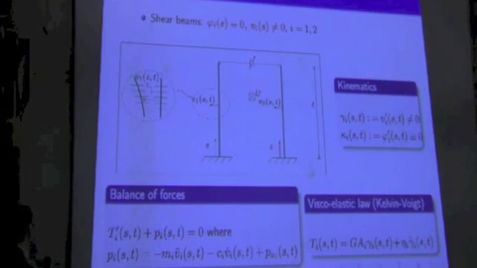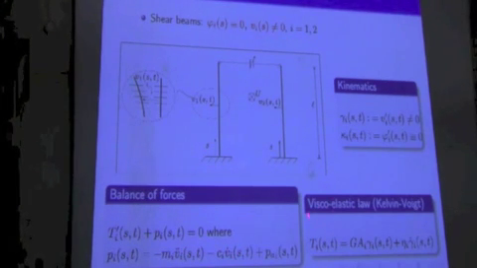If we consider among the balance forces the one for the shear force, it is written here, where Pi are the external forces constituted by the aerodynamic terms and, of course, inertia and external damping.